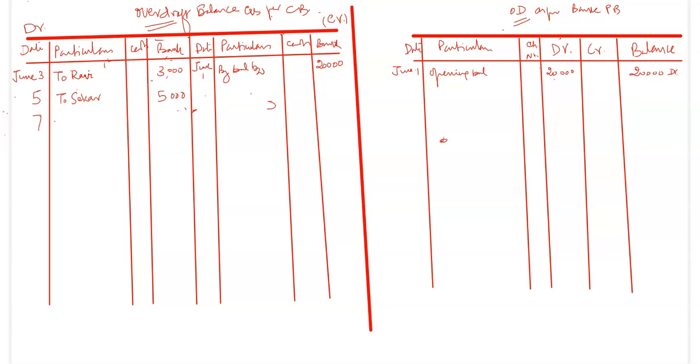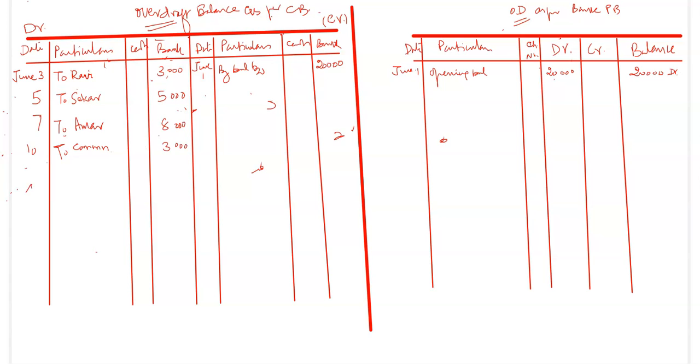On 7th, you get money from Amar, rupees 8,000. And on 10th, to commission 3,000.